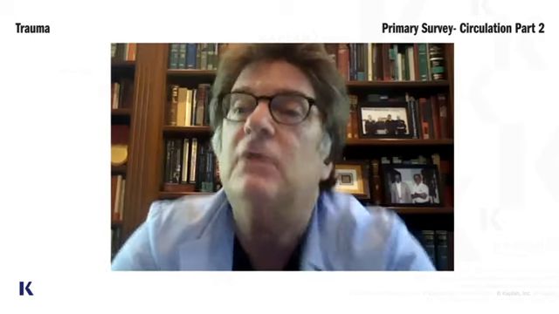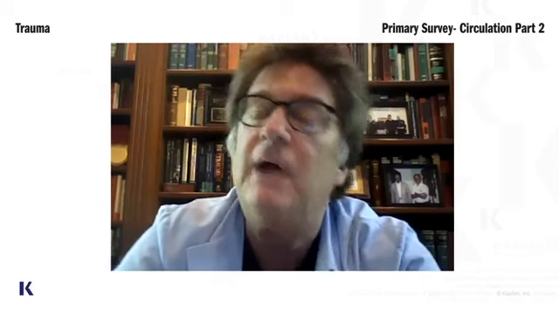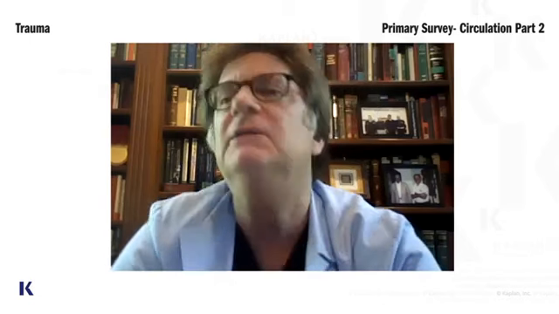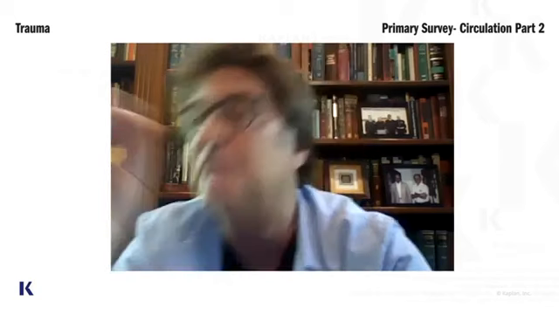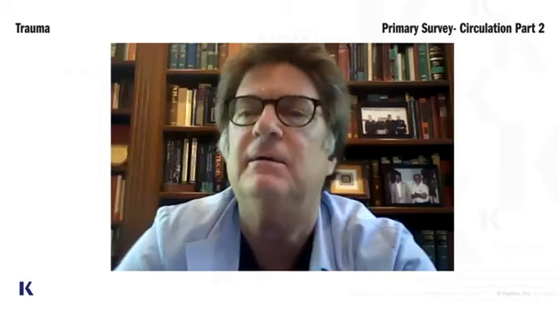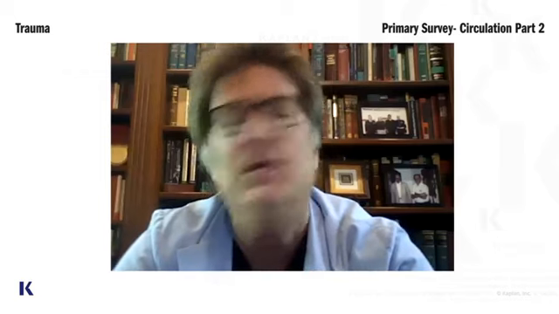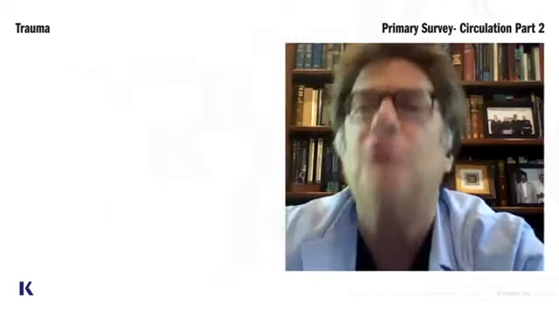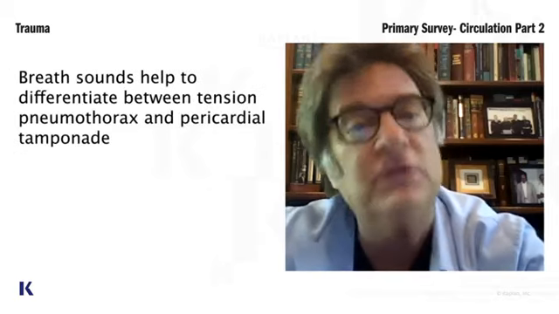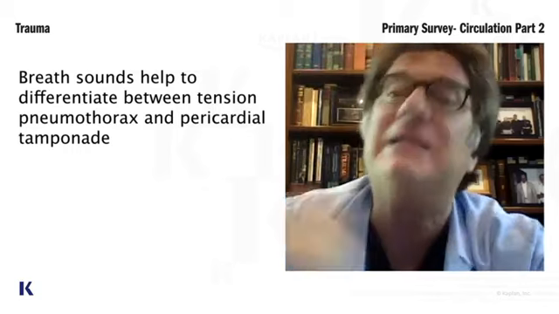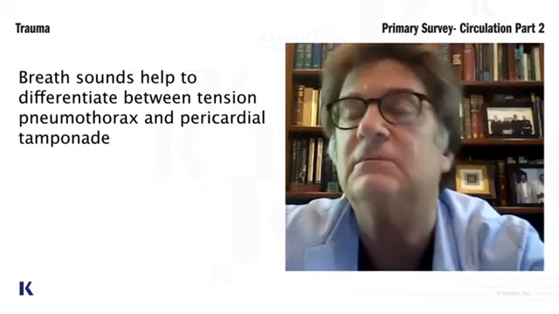So now I got a question for you. How do you differentiate in the emergency room between a tension pneumothorax and a pericardial tamponade? Very simply, breath sounds. If you don't hear breath sounds, you put that needle in the second intercostal space.